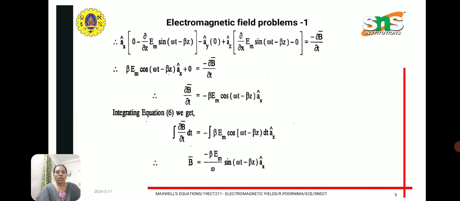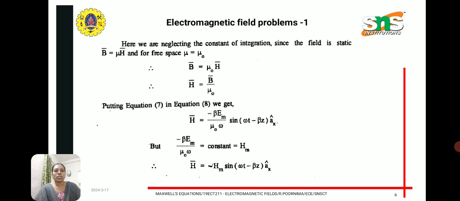So using Maxwell's equation, first of all we have found B vector, that is magnetic flux density. Next we are going to find magnetic field intensity. We know the relation between B and H: B equal to mu into H. For free space, mu can be written as mu naught, so B equal to mu naught into H. From this relation we can rewrite H vector as B by mu naught.